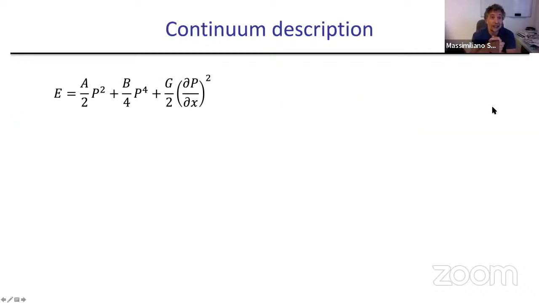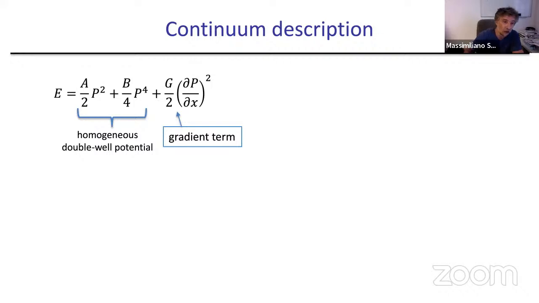So the continuum description of this model is a very simple equation. It has only 3 terms in the most basic picture, and these 3 terms have a very intuitive explanation.